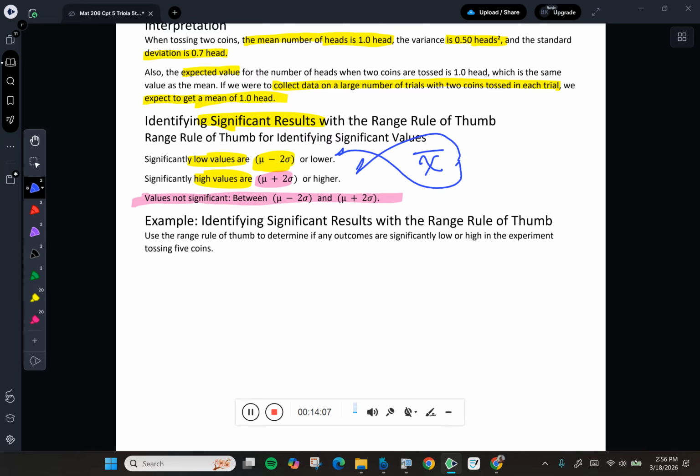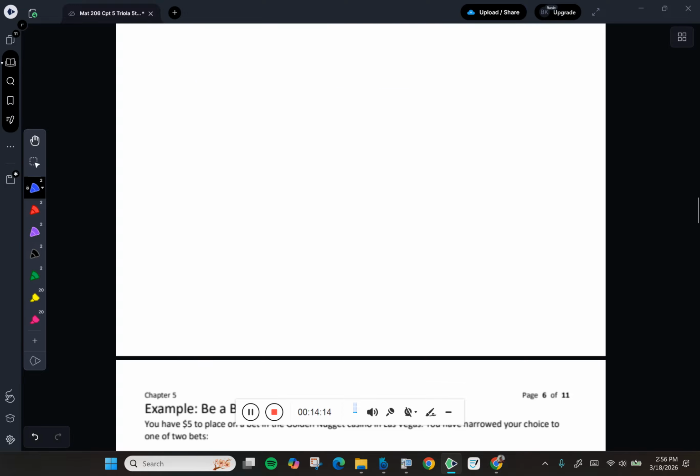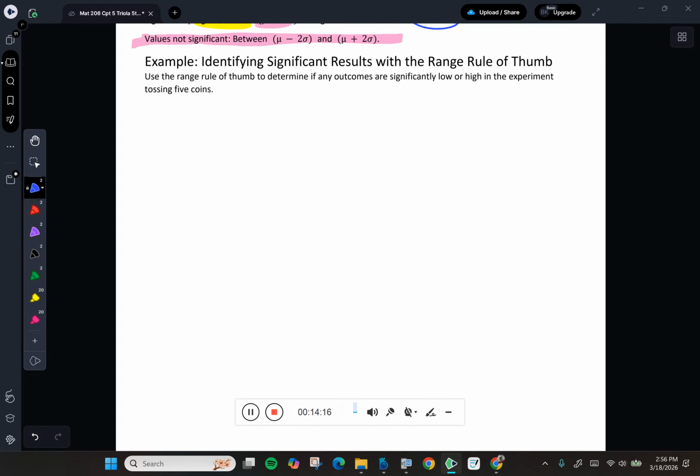Or if it's significantly high, something's wrong with maybe not the coins, but the experiment. Right? All right, so for our next example, we're going to take a look at finding significant results using that range rule of thumb for the experiment tossing 5 coins.